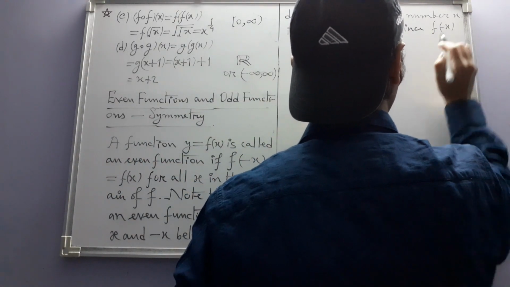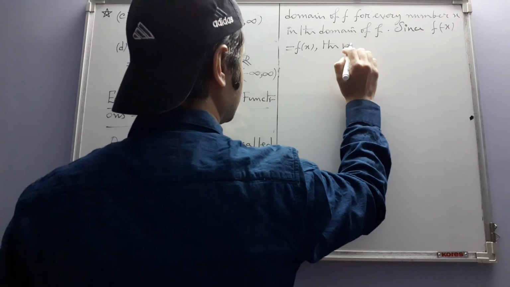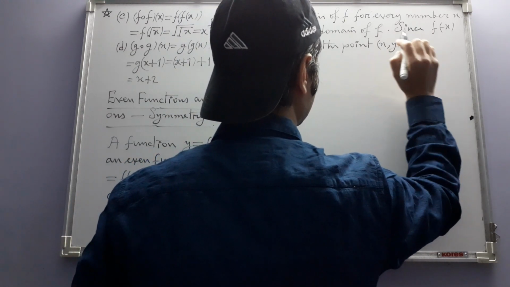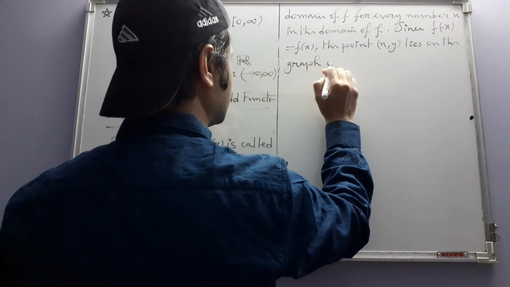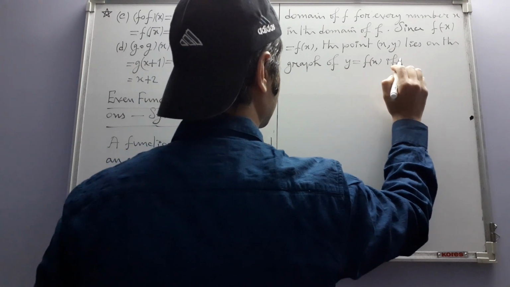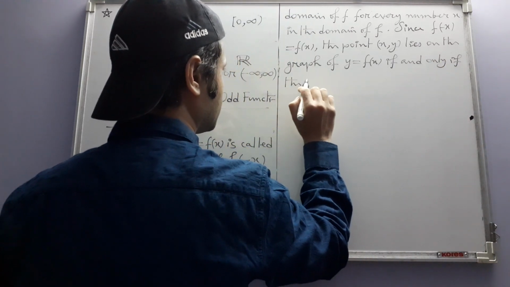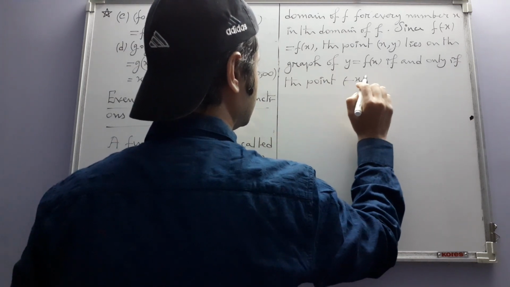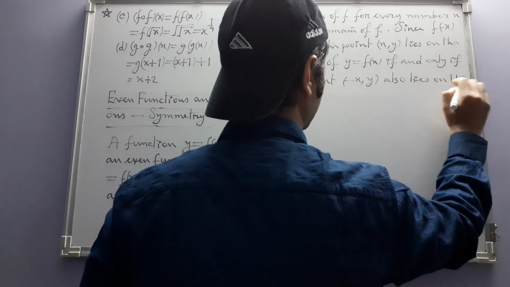Since f of minus x is equal to f of x, the point x comma y lies on the graph of y is equal to f of x if and only if the point minus x comma y also lies on the graph.